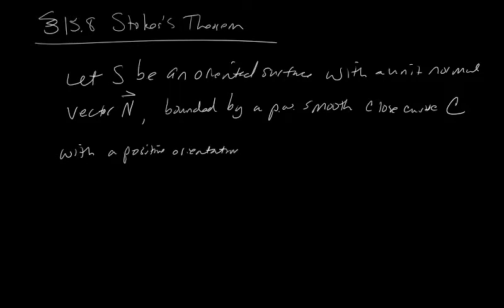Okay, and remember in 2 dimensions that was just counterclockwise. Same idea. If you took a projection of this surface onto the xy plane, we'd still be going around it in that counterclockwise direction.